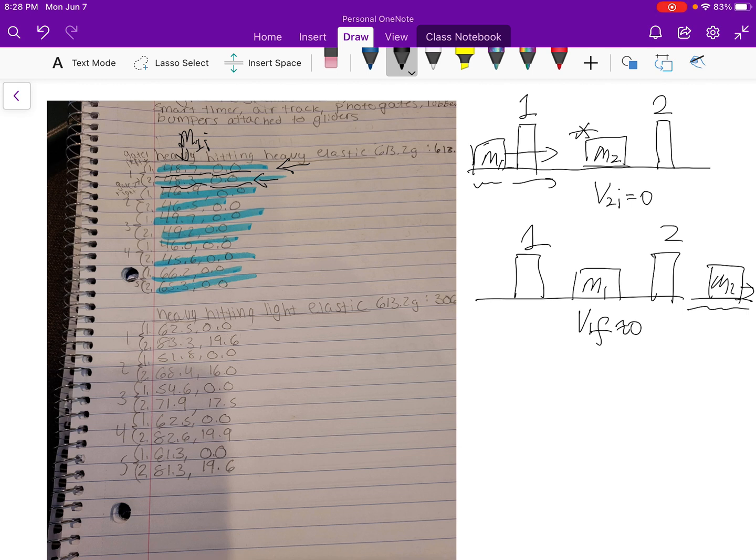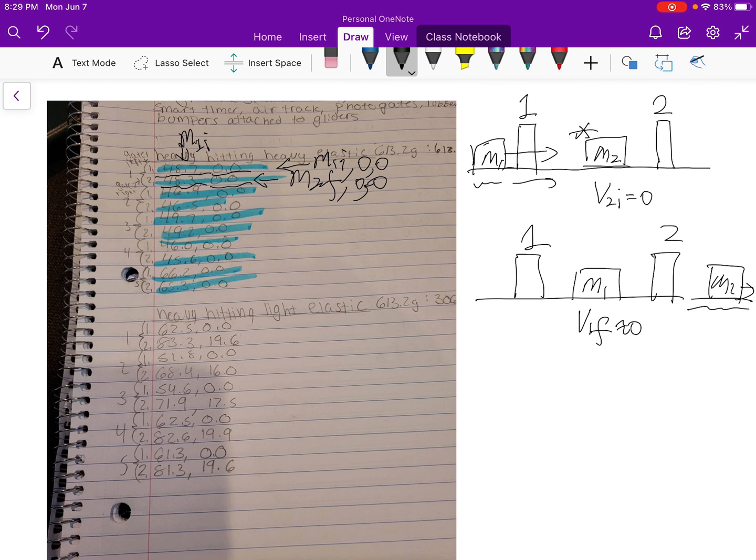So 48.3 was actually here. This one is M2's final. And the 0.0s don't really mean anything.